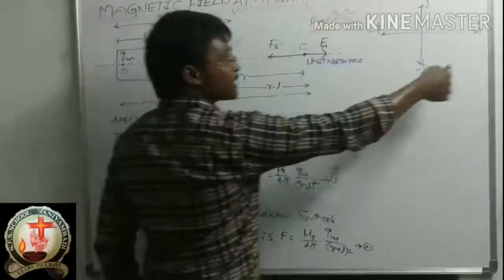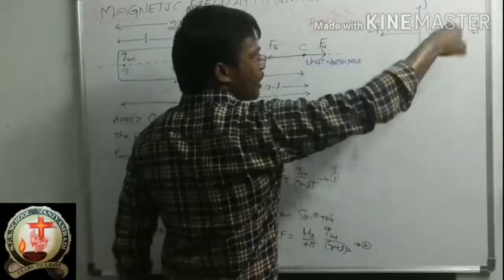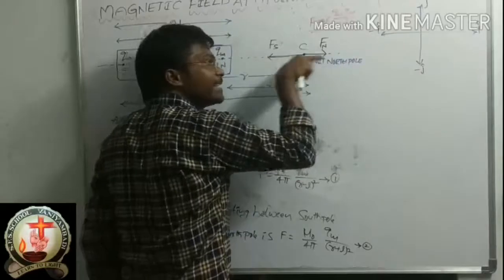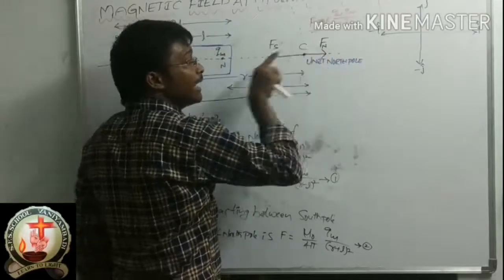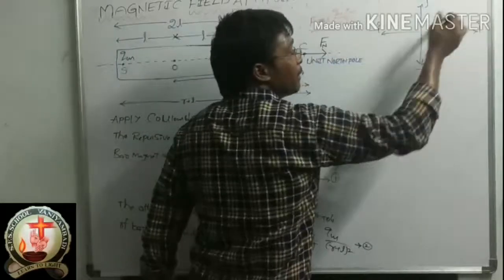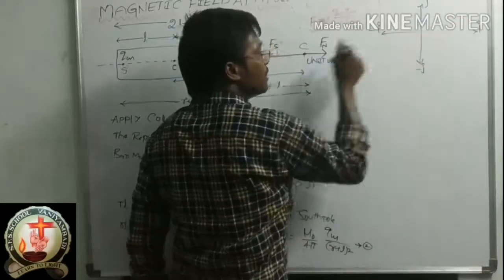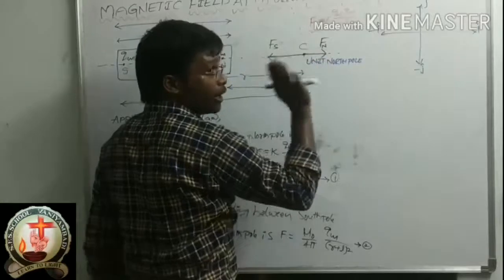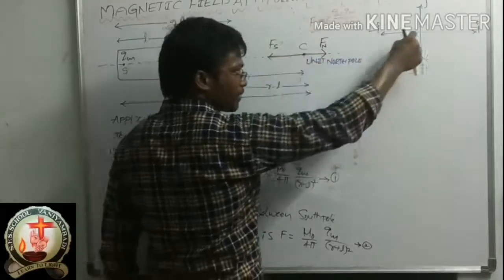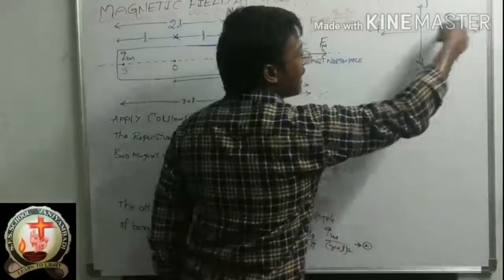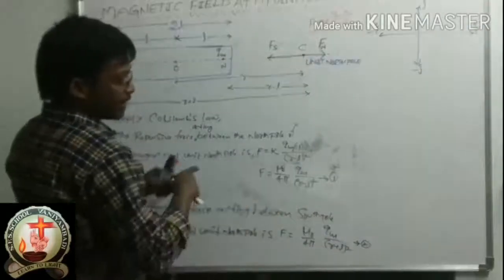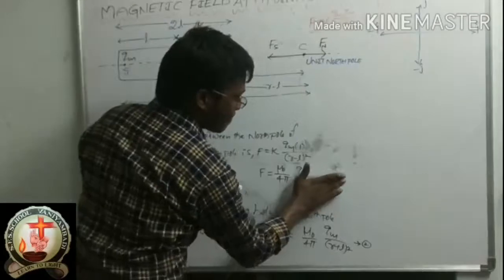So according to this coordinate axis, force is acting in this direction means, what is the direction? I cap. This is the center. So at C, this is the center. Force is acting in this direction means, what is the direction here? I cap. Okay.